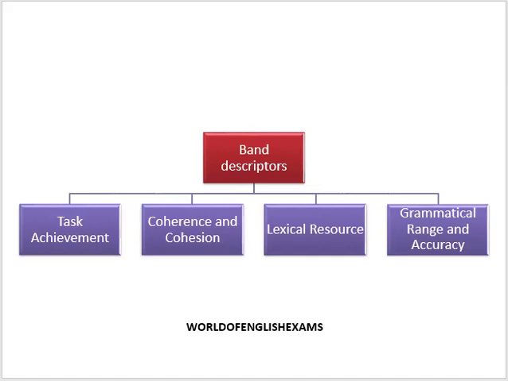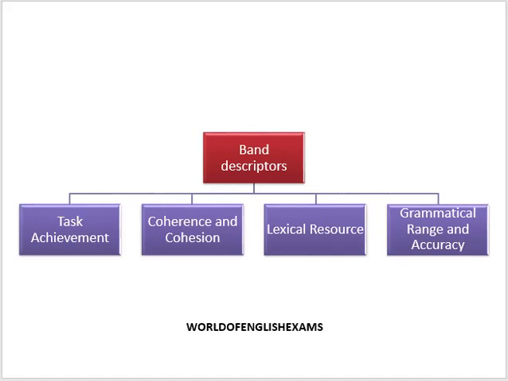Then we have coherence and cohesion, which basically means the flow of ideas in a logical and sequential way. Then there is lexical resource, which has to do with the range of vocabulary that you need to use while writing. Finally, the fourth band descriptor is grammatical range and accuracy, which means that while writing you need to ensure that you're using a wide range of grammar such as tenses, active and passive voice, indirect speech, and conditional sentences and so on.